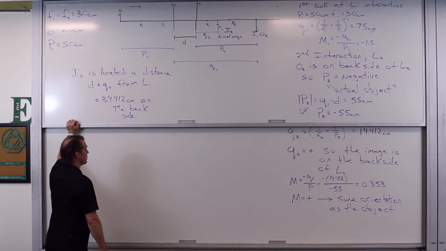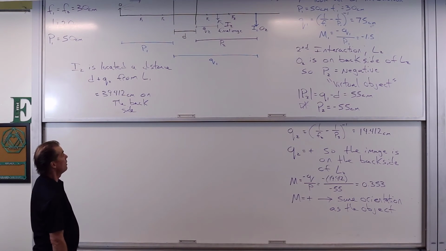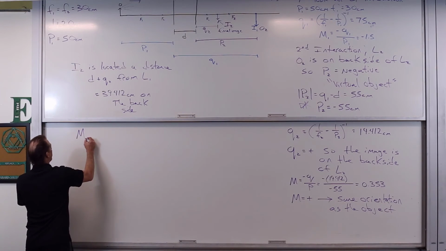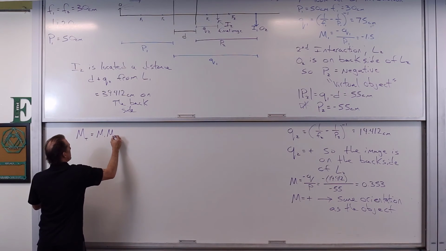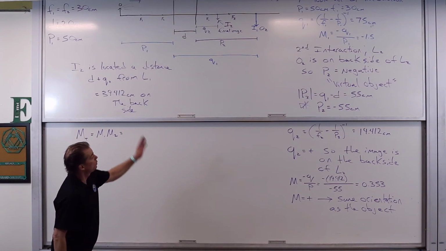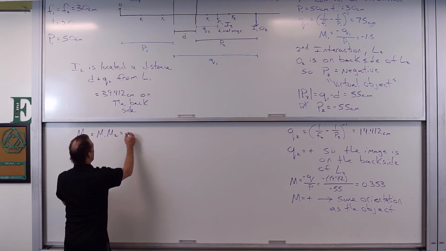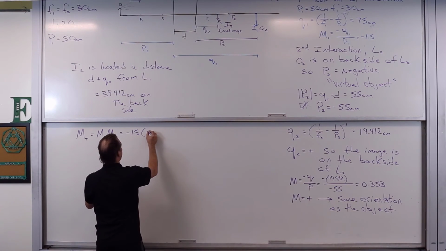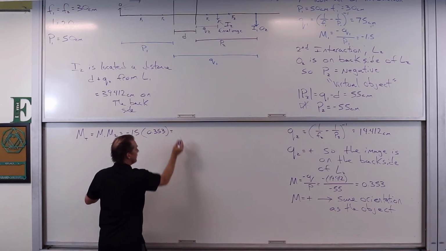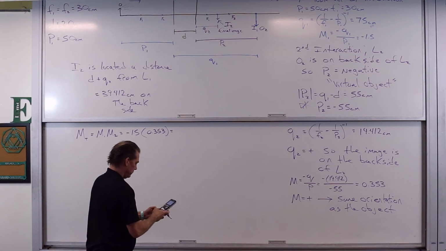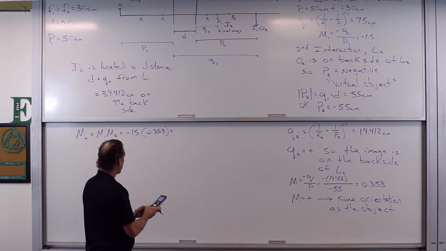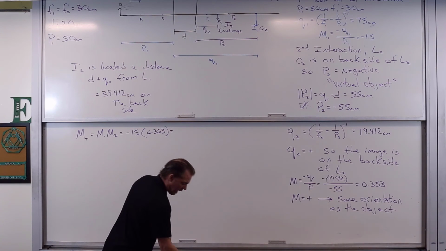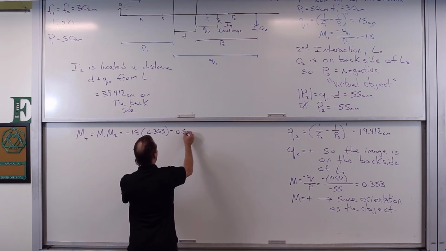The other things we can still answer are: what is the overall orientation, what is the magnification, and what is the image type? So let's take a look. The overall magnification is equal to M1 times M2. M1 was negative 1.5, multiplied by 0.353. 1.5 times 0.353 is about 0.529.